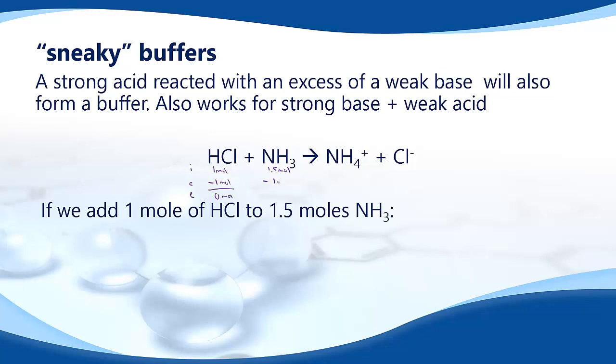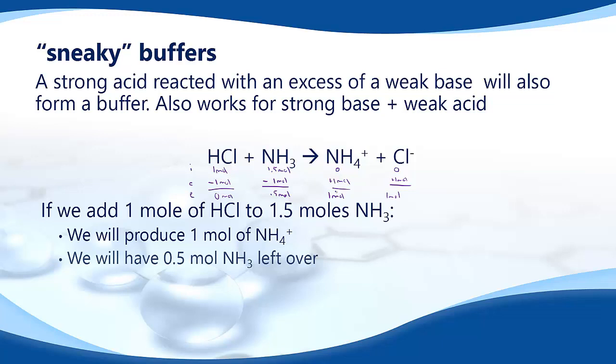We're going to react out 1 mole of NH3 because of the 1-to-1 ratio, and be left with half a mole. We're going to have 0 and 0 here to begin with, plus 1 mole, plus 1 mole. So 1 mole of each of these products, which I just have right here. So we have 1 mole of ammonium ions and half a mole of NH3.